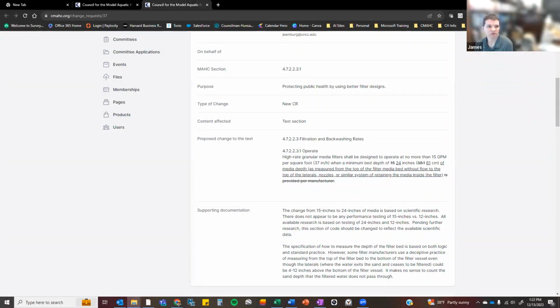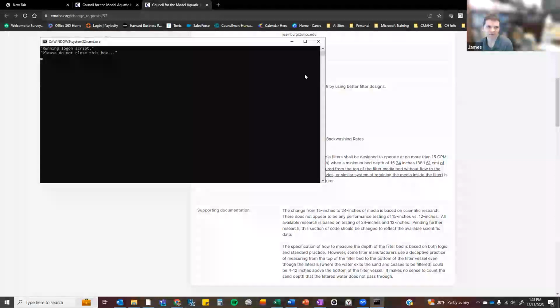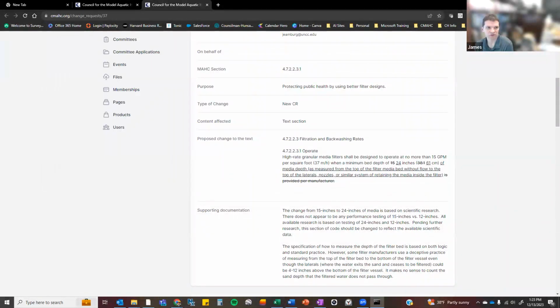It's just a question of what the engineer specifies. I've got a filter in my lab that's 40 inches deep. It's not the standard one I would go down to the pool store and pick up for my backyard, but it's just a standard filter that they make.